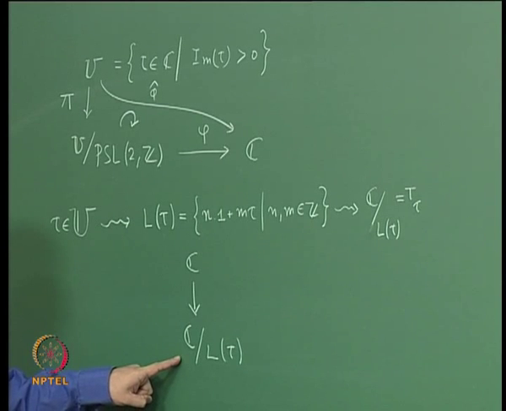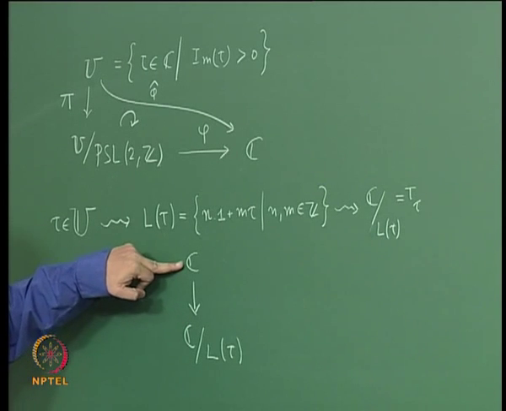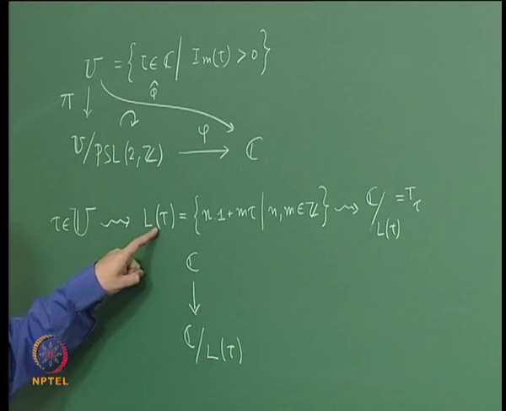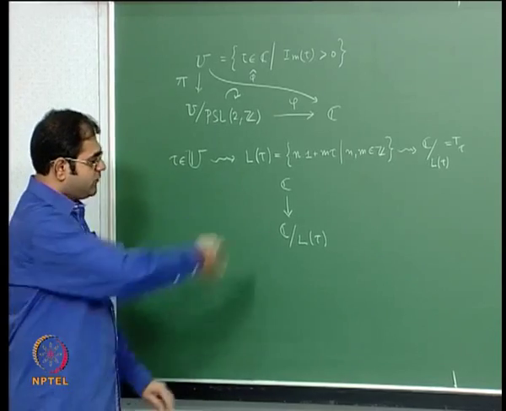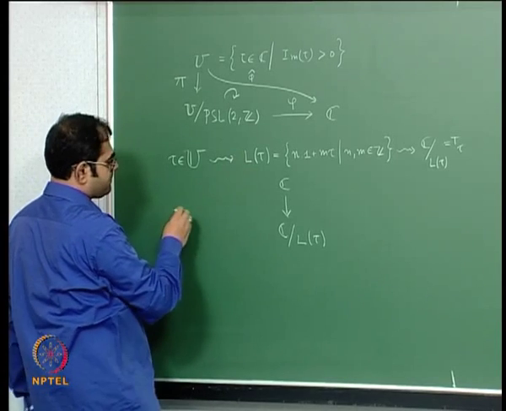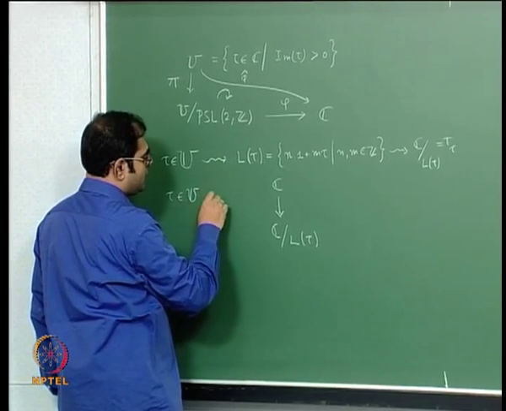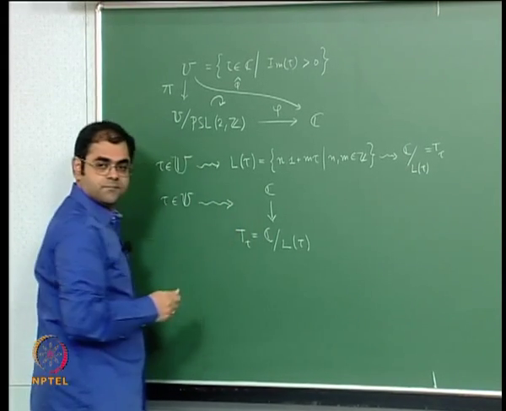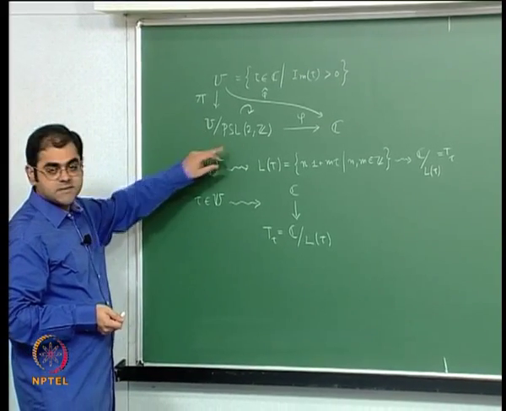And of course the fundamental group of the base of this complex torus can be identified with the deck transformation group, which is precisely L of tau, which is isomorphic to Z cross Z. So we know this. For every tau in U we are associating this complex torus, and how did we get this U mod PSL2Z?